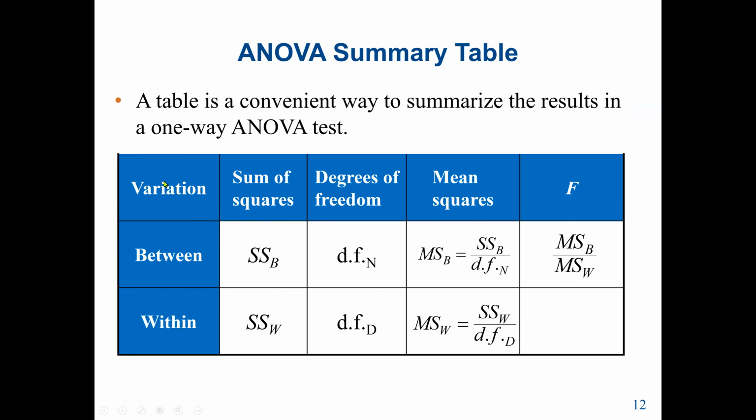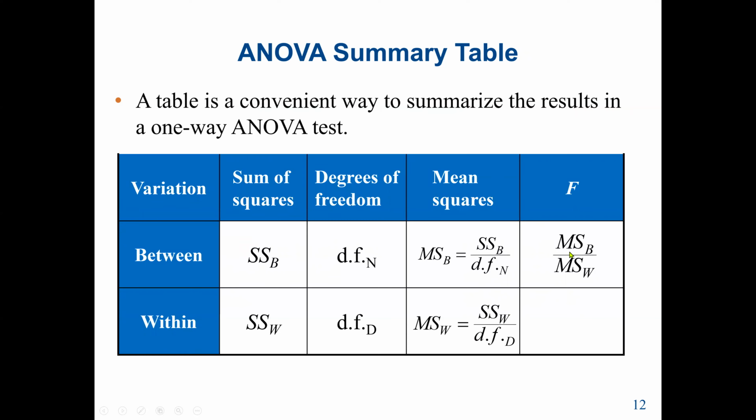I have my variations between and within. So I can get my SSB and SSW, the sums of squares, then the degree of freedom will be what? The numerator and the denominator. The mean square between is SSB over the degree of freedom numerator, and within, MSW is SSW over its degree of freedom.